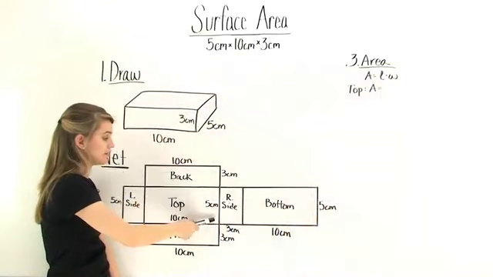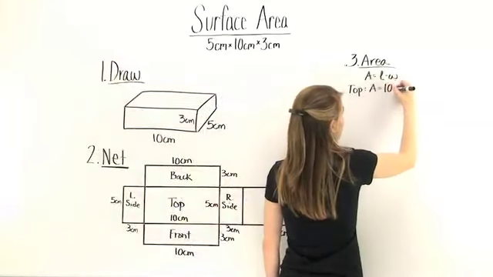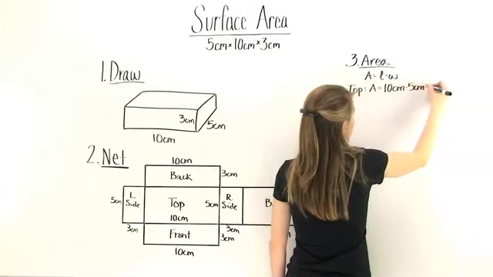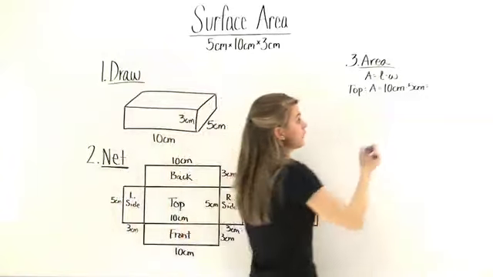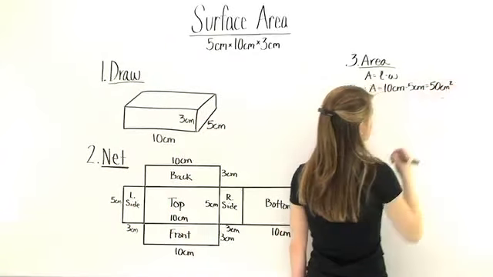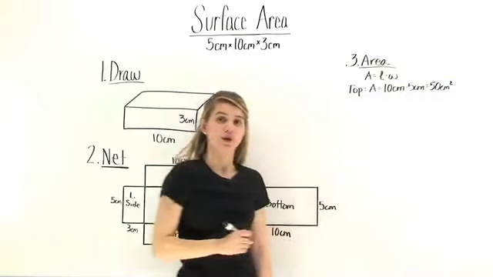So the area is equal to 10 centimeters times 5 centimeters, which is equal to 50 centimeters squared. And it's centimeters squared because we have a centimeters here and a centimeters here.